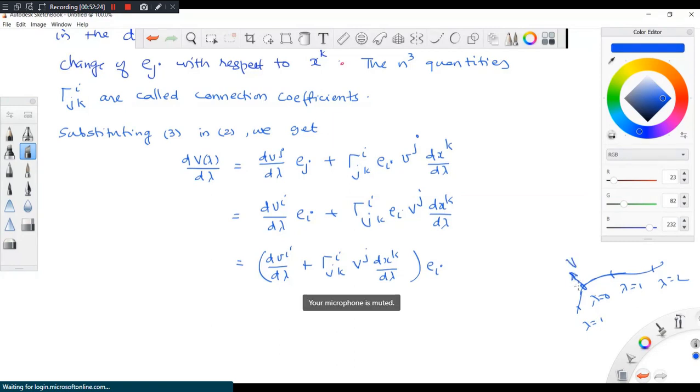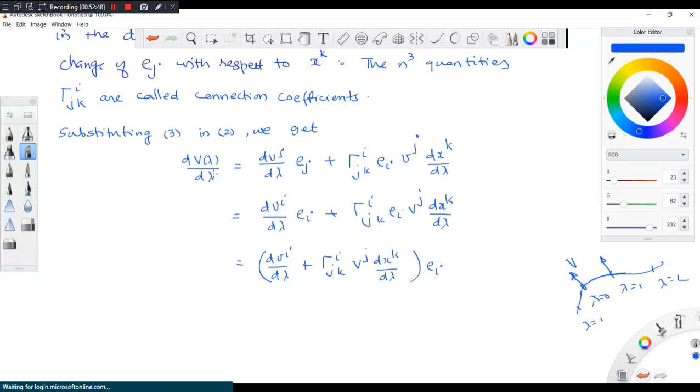V at lambda equal to 0 is this vector, and V at lambda equal to 1 is a vector like this. Now I want to parallelly transport this vector from one point to another. Then what should be the condition? The vector should keep parallelism and should not change.